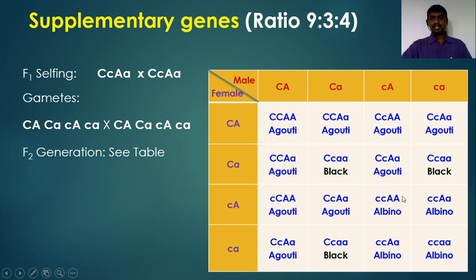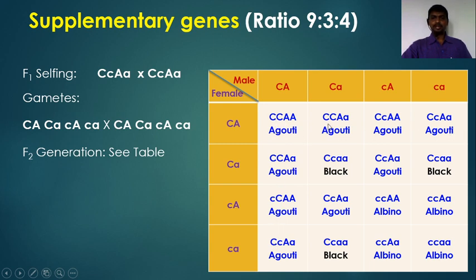The phenotypic expression of the A gene occurs only when it occurs along with the other dominant gene, capital C. So in those genotypes where the alleles are dominant, it produces the agouti color.